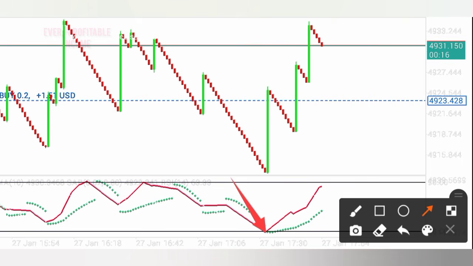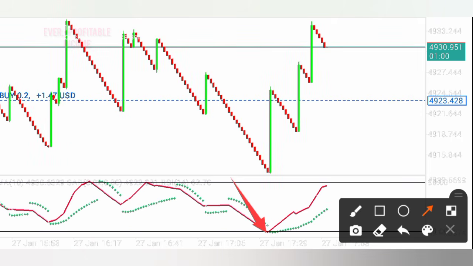The 5 minutes, the 15 minutes, the 30, 1 hour, 4 hours, and even the daily time frame. If you want to catch spikes when the higher time frame, especially the daily time frame, is bullish, you have a lot of chances to hold on to that trade for a long time. So that's the very first thing you have to do whenever you open your charts.